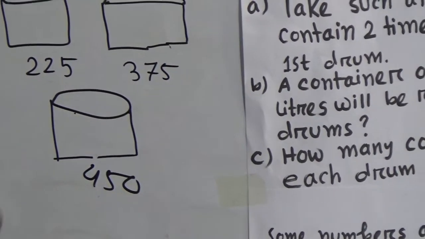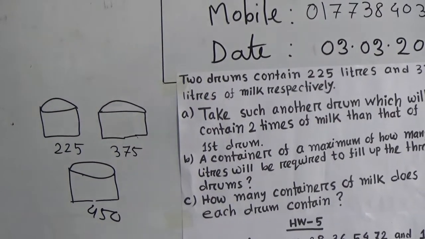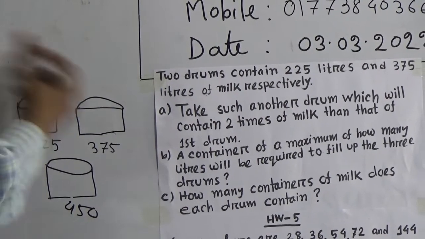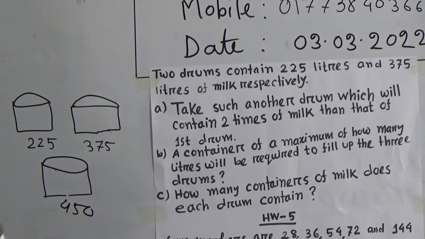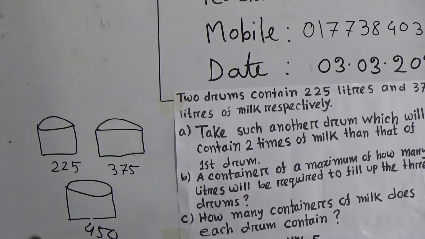If you want to fill up these 3 drums, you need the maximum container of 75 liters. Then you can easily fill up these 3 drums. Student, remember this is the application of math. So you have to try to understand the math. Now I will solve question C.